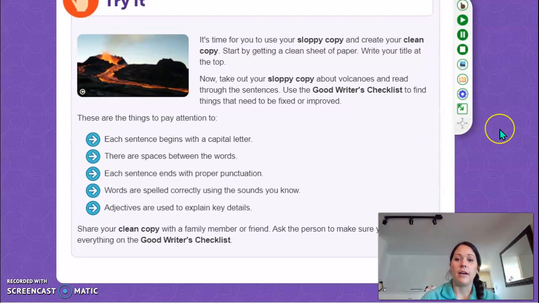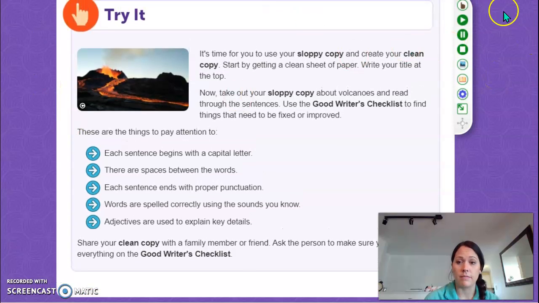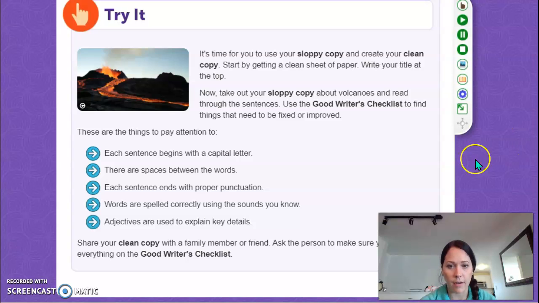So you're going to want to get out your sloppy copy. And you're going to probably want to pause the video here or pull up your Buzz. Either way, you can look on Buzz slide 10 to remind you what you are looking for as you clean up your sloppy copy and write your clean copy.